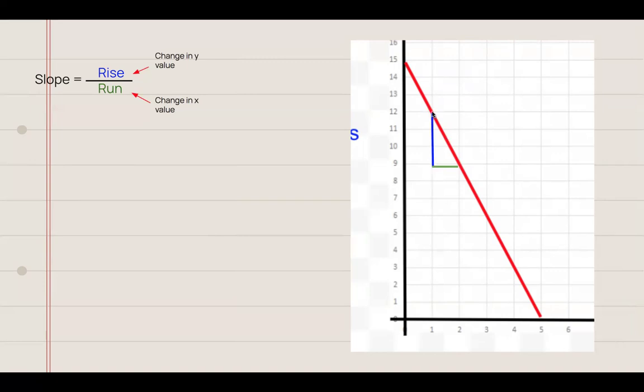So this point right here, you can see the red line goes right through the corner on the graph here. We have a whole x value of 1 and a y value of 12. The next point where you get a whole x and y value is right here at 2 on the x-axis and 9 on the y-axis.